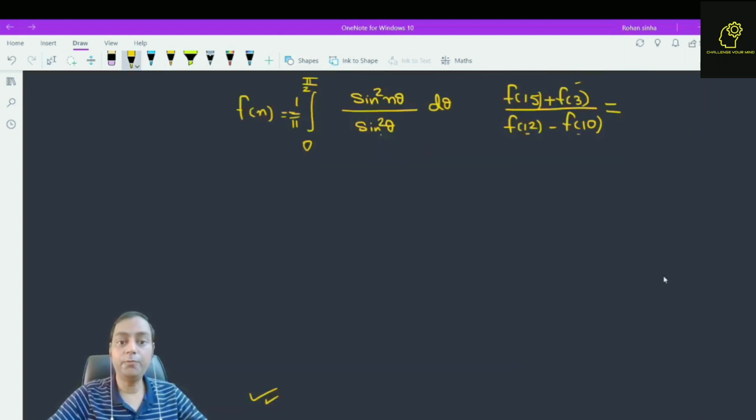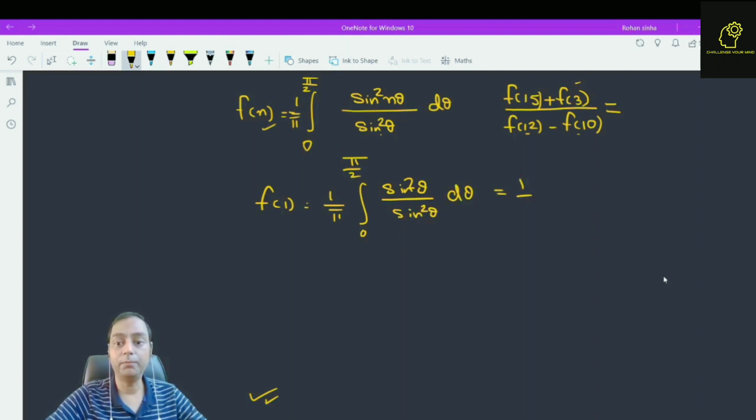Now what is the value of f1? f1 is 1 by pi, integral from 0 to pi by 2 of sin square theta whole divided by sin square theta. Simply putting n equal to 1, we find 1 by 2. What is f2? Putting n equal to 2, we obtain the integral from 0 to pi by 2 of sin square 2 theta whole divided by sin square theta.